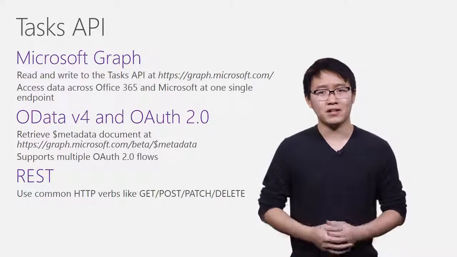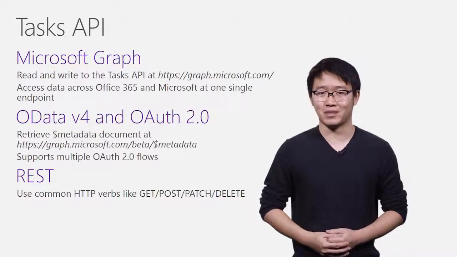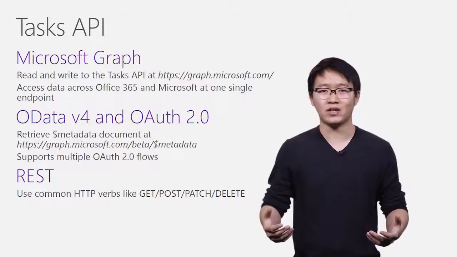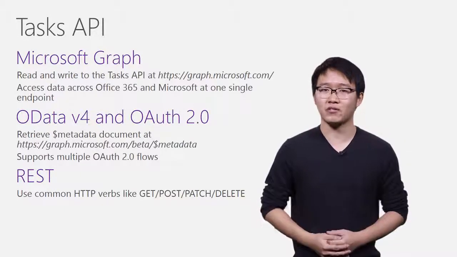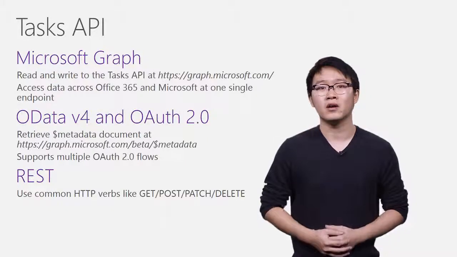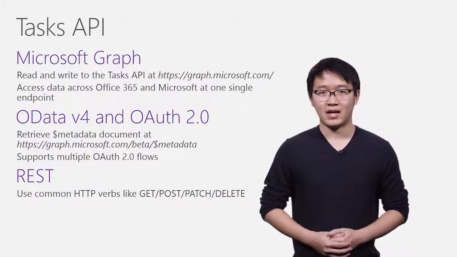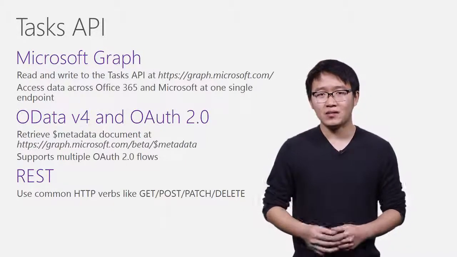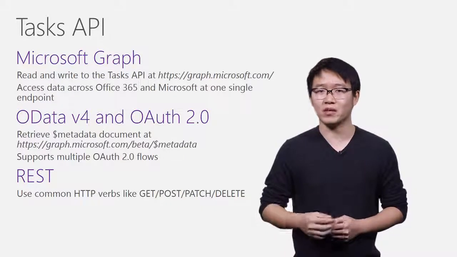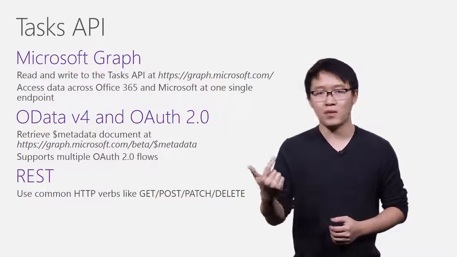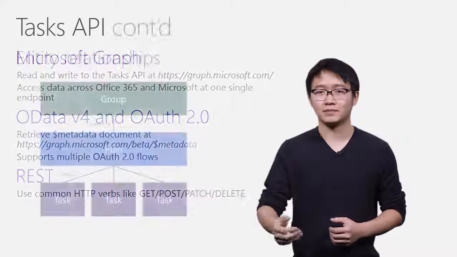At the same time, just like the other Office 365 REST APIs, the Task API follows the OData v4 specifications and supports authorization through OAuth 2.0 industry standard. And like I've always mentioned before, it is a RESTful API where you only have to deal with HTTP verbs like get, post, patch, and delete.